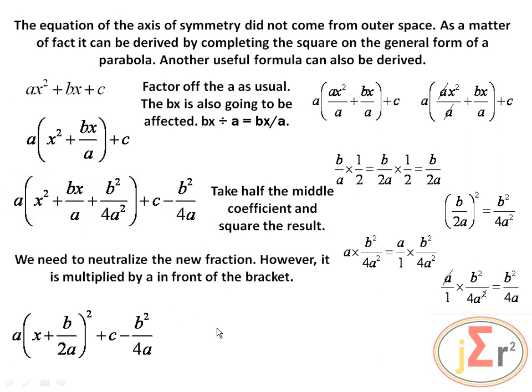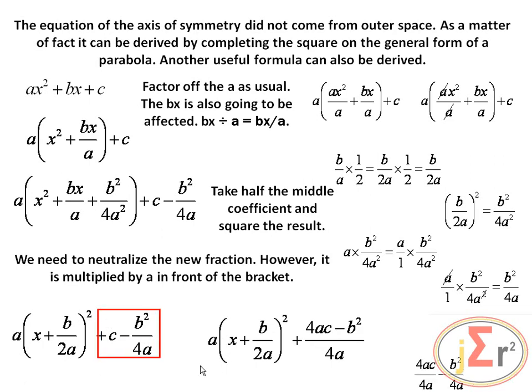So a, open bracket, to be multiplied by x plus b over 2a all squared, plus c minus b squared over 4a. And we need to convert this to a single fraction. How is that done? That is done by what we have always done when we have a whole number and a fraction.